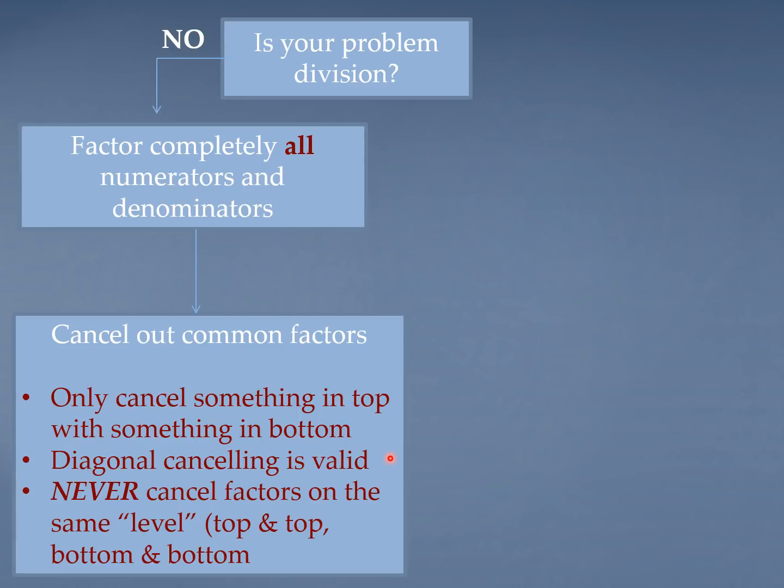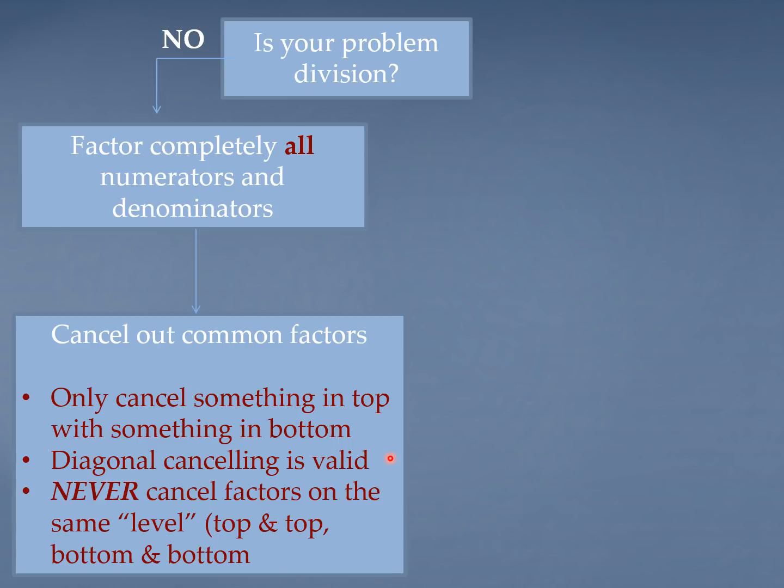Now, you can never cancel factors that are on the same level. Something in the upstairs with something in the upstairs, or something in the downstairs with something in the downstairs. I don't care if they match. You can't do that. They have to be in separate levels of the problem. All right, very important to remember that. Now, let's say that you do that factoring, you do the canceling.